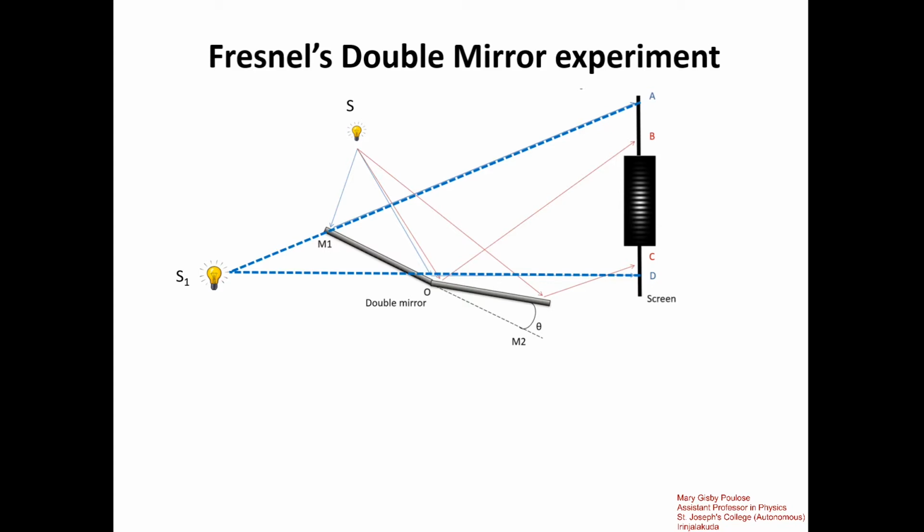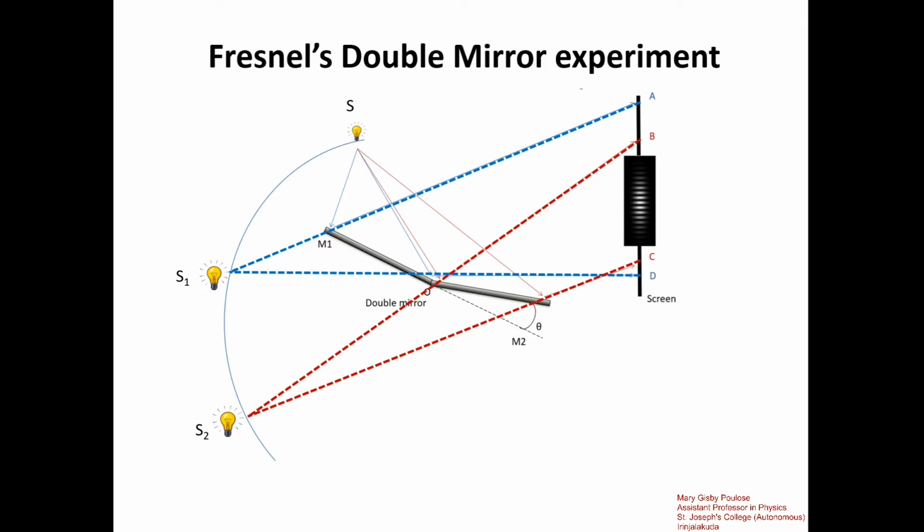And let me backtrack the red rays, and they meet at a point which happens to be the position of the second virtual source S2. So when we look from the screen into the mirror, we see two sources actually.